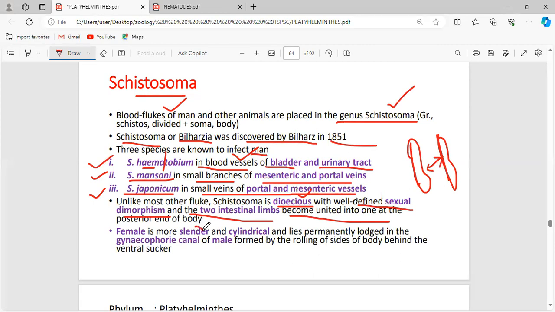The gynaecophoric canal is present in the male, by which the female is attached to the male, formed by the rolling of the sides of the body behind the ventral sucker. You have to understand that male and female coexist together.